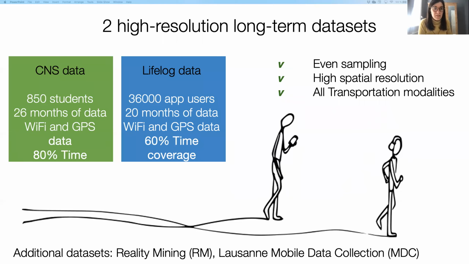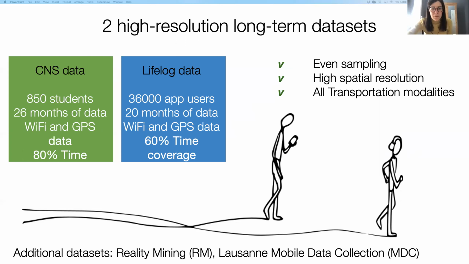We looked at the Livelab data, collecting mobility for 36,000 users over 20 months. And then we also used other data sets, the Reality Mining and Lausanne Mobile Data Collection data sets, which are standard and are some of the first experiments that were ever done for measuring mobility and social interactions.